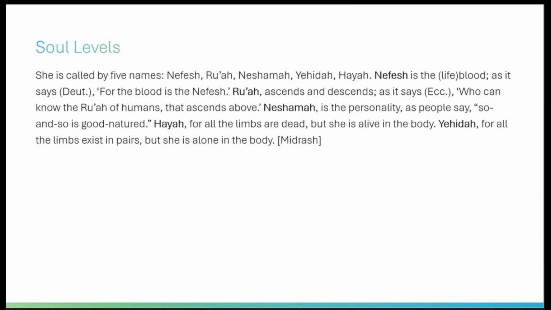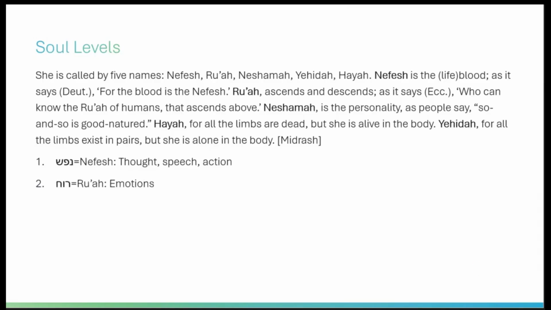But in terms of the way it's used in Chabad thought, the Nefesh is the lowest level of the soul, and generally speaking, correlates with thought, speech, and action. So that's what we're experiencing when we're in that mode.